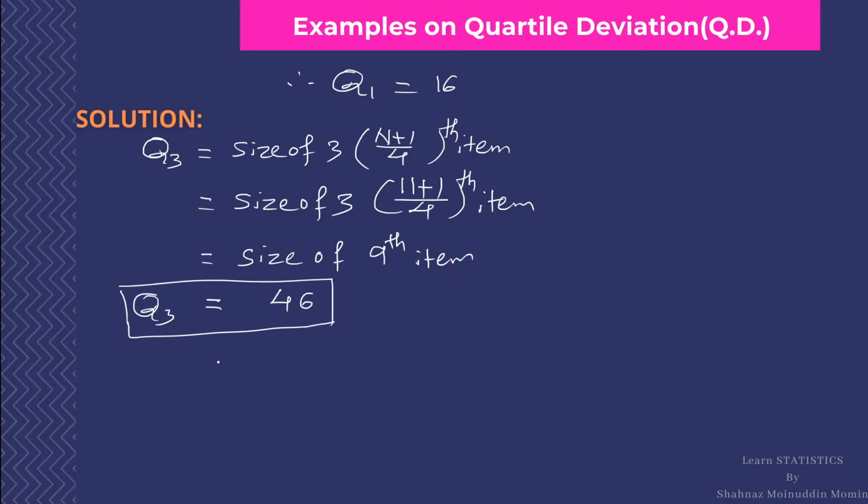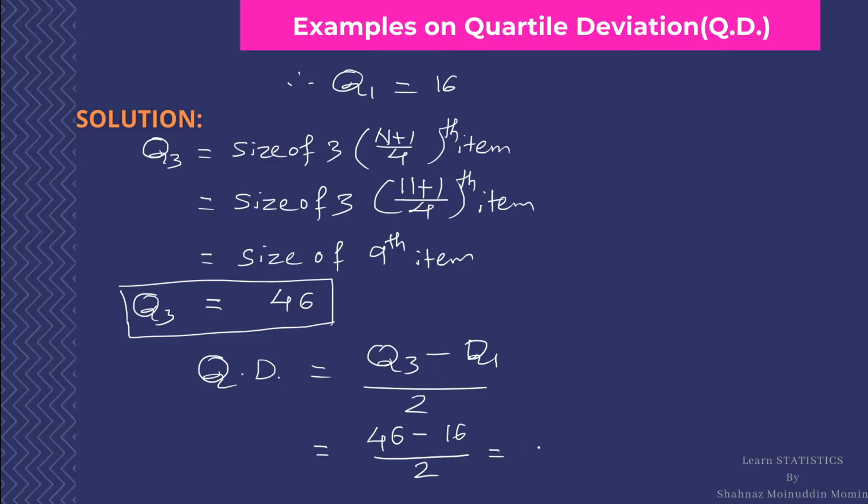Now quartile deviation, abbreviated as QD, is given by Q3 minus Q1 divided by 2. Substituting the value of Q3 as 46 minus Q1 as 16 divided by 2, which is equal to 15. Hence QD equals 15.